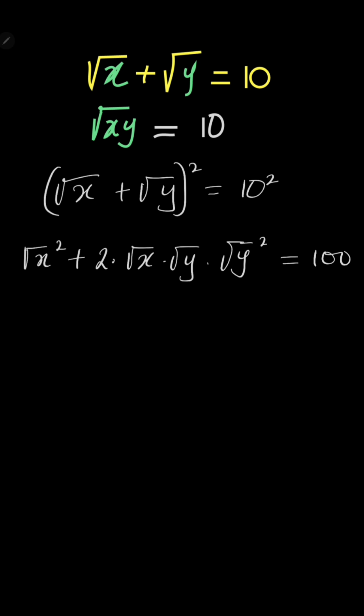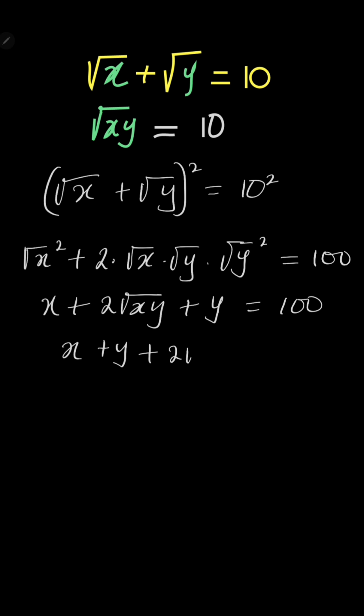Square root of x squared is just x, plus 2 multiplied by square root of xy, plus square root of y squared is just y. Everything is 100. So we can call this x plus y plus 2 root xy equal to 100.